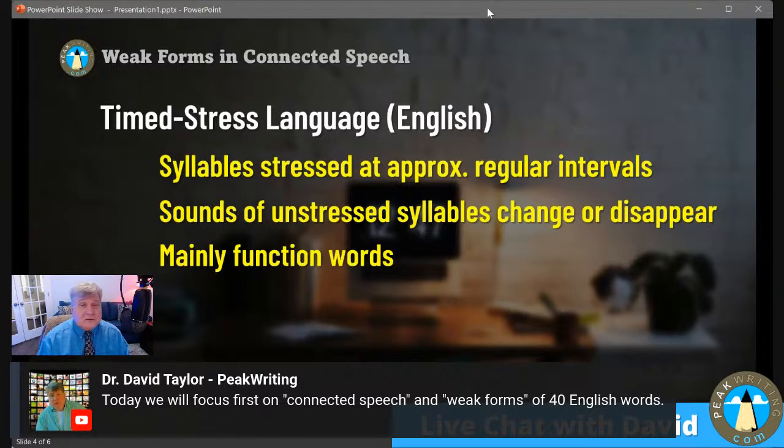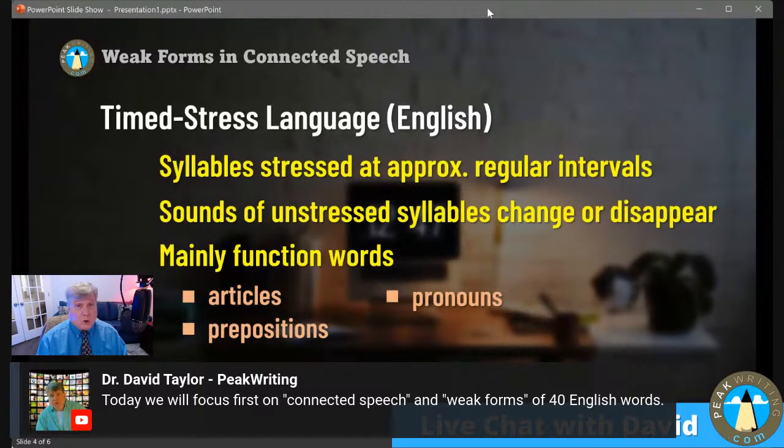The good news is that these changes happen almost exclusively to function words, also called grammar words. In other words, they are not content words. Nouns, verbs, adjectives, and adverbs are content words. Everything else is a function word: articles, prepositions, pronouns, modals.